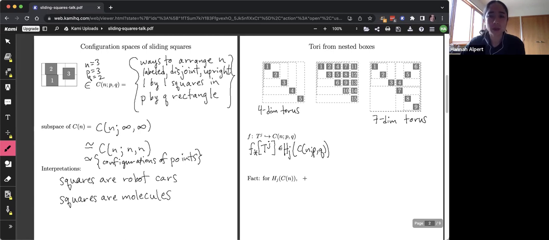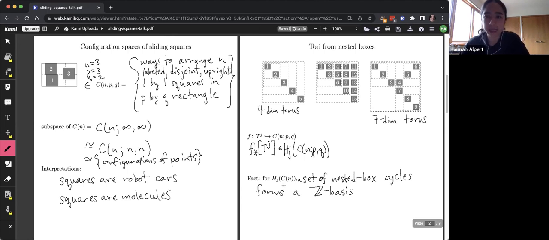So to be a little bit more precise, there is a set of nested box cycles that forms a basis, a Z basis for homology of points in the plane.